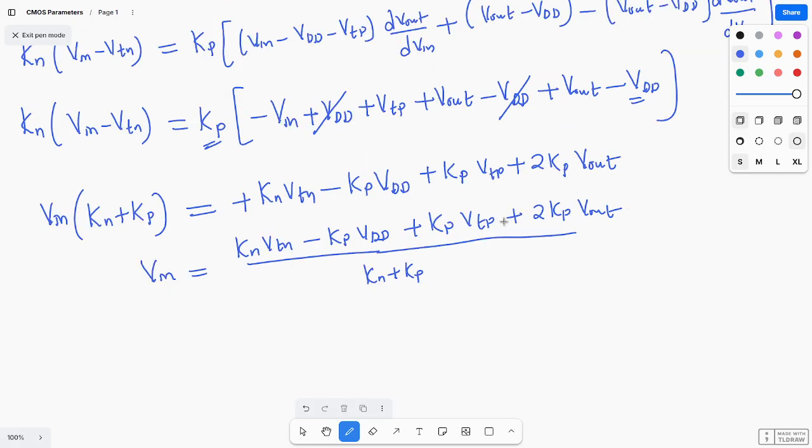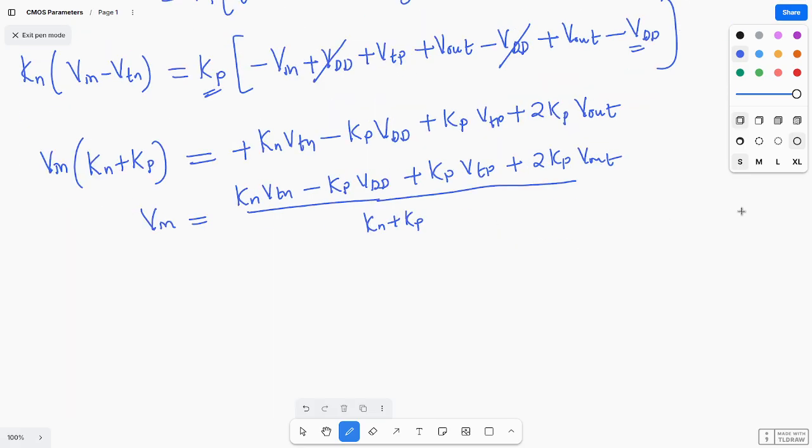Okay. Now you divide both numerator and denominator with Kp, and wherever you get Kn by Kp, consider this as Kr. Kr equal to Kn by Kp.